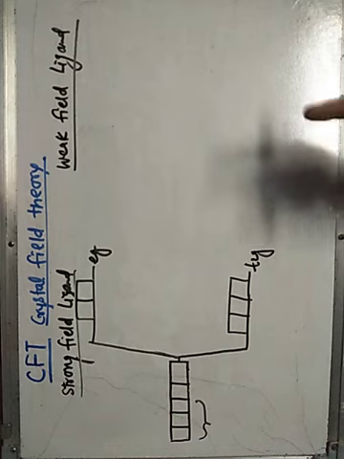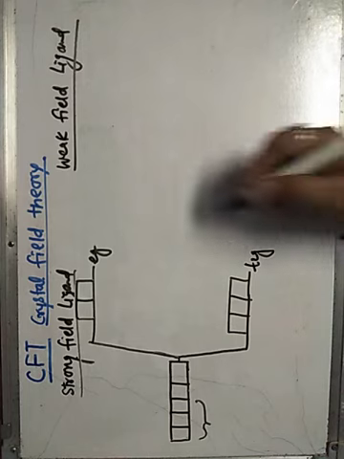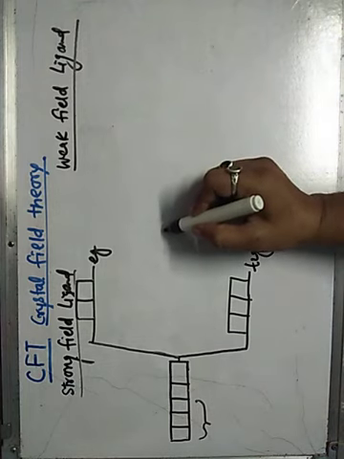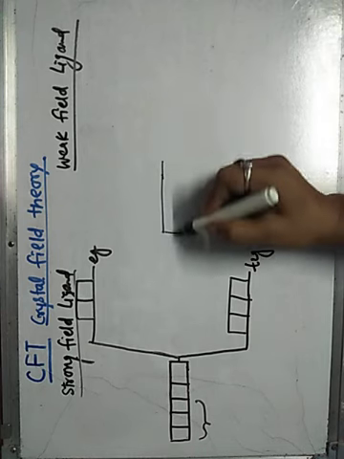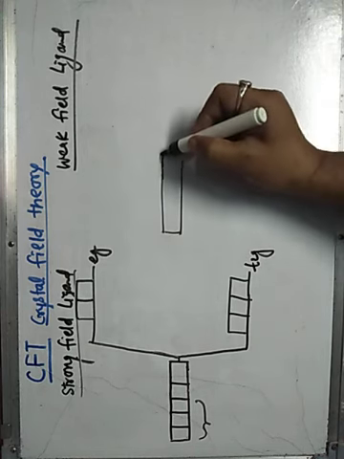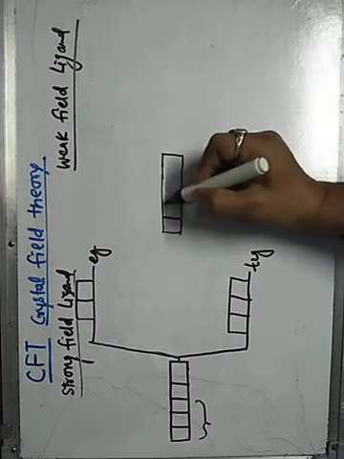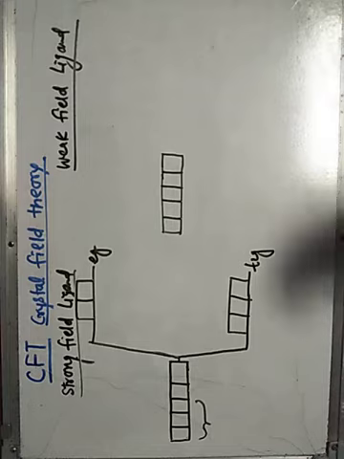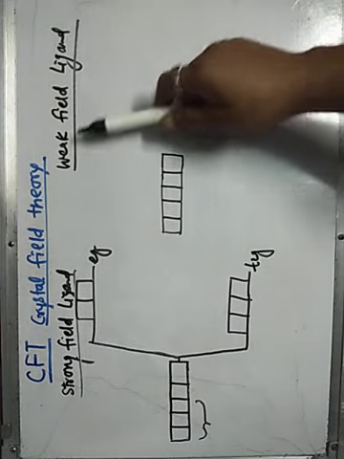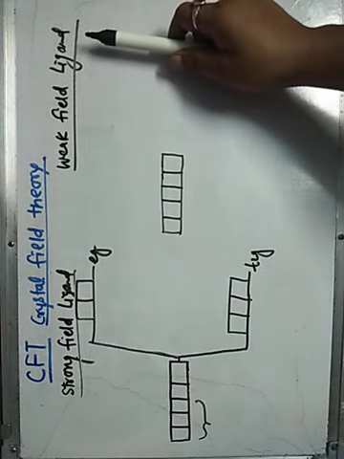Well, in the case of the weak field ligand, you can simply justify where the weak ligands and the strong ligands are used. So just see that these are the d orbitals, and you can take a different case where the weak ligands are there, right?